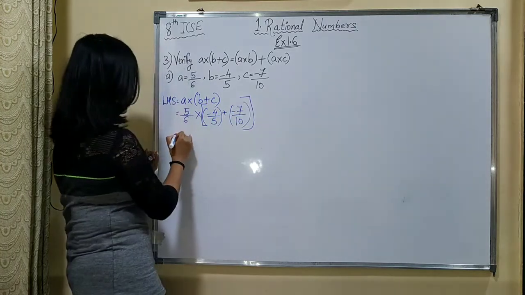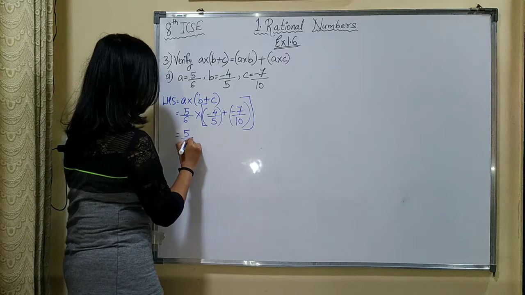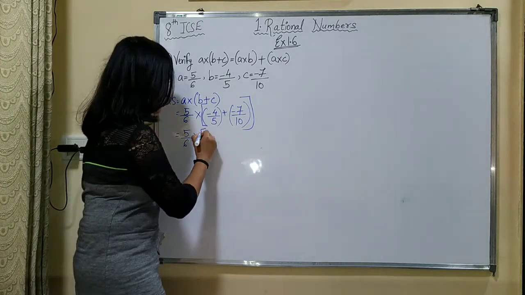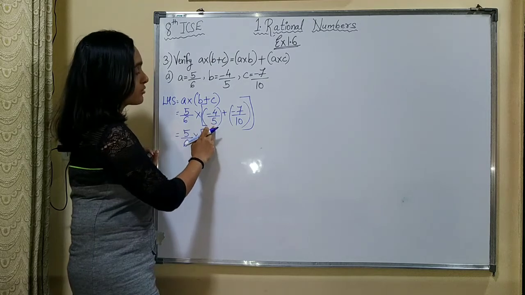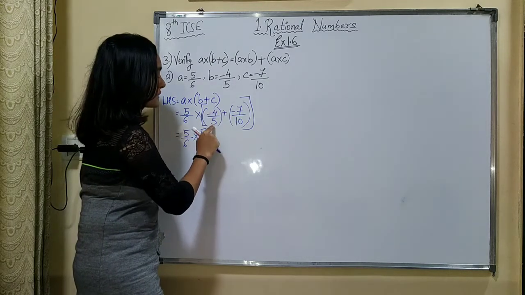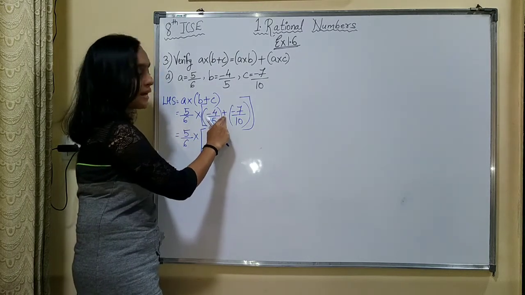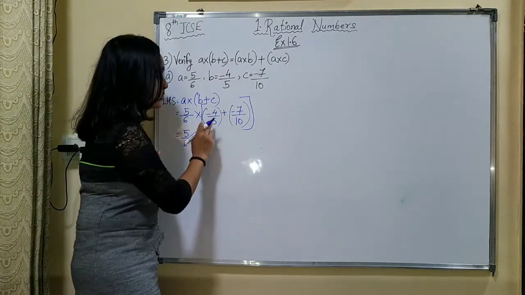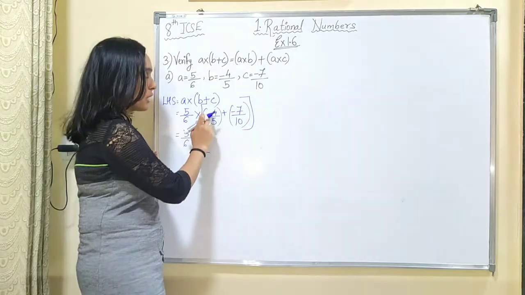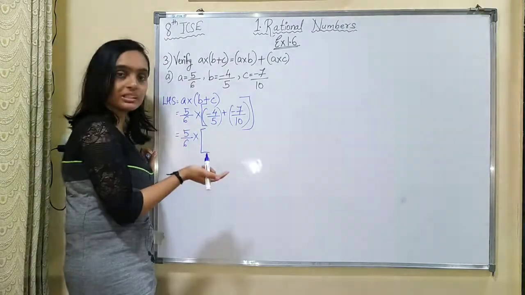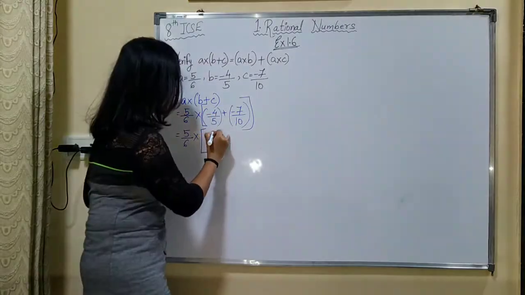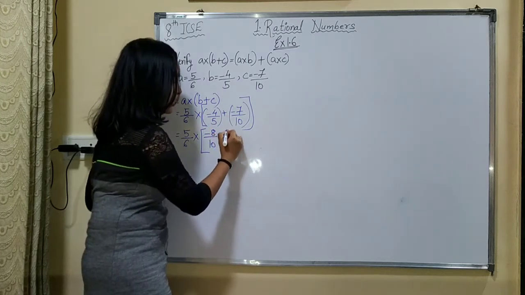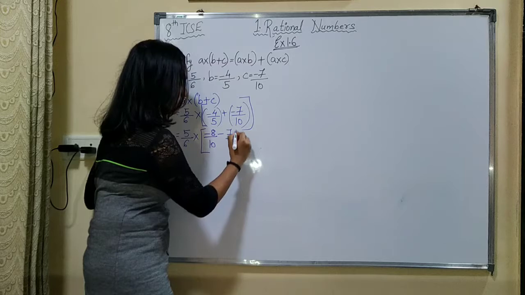Okay, big bracket. So first we will solve the bracket. So first we have to open the brackets, and then for the addition of rational numbers we have to equalize the denominator. So here 5 multiplied by 2, and for the numerator also we have to multiply by 2. So you will get minus 8 upon 10 plus minus 7 upon 10.